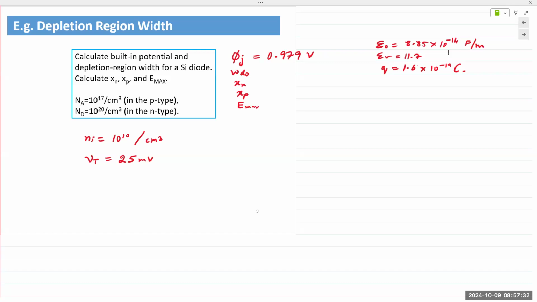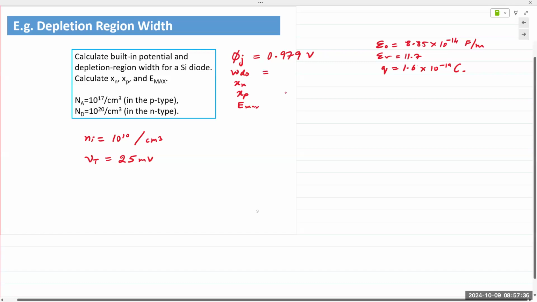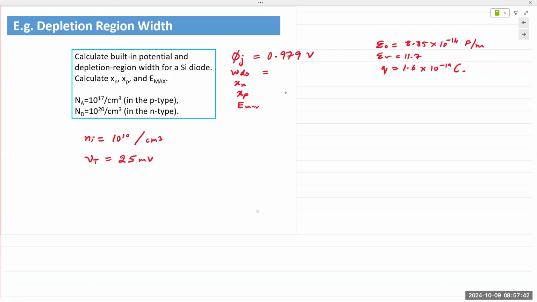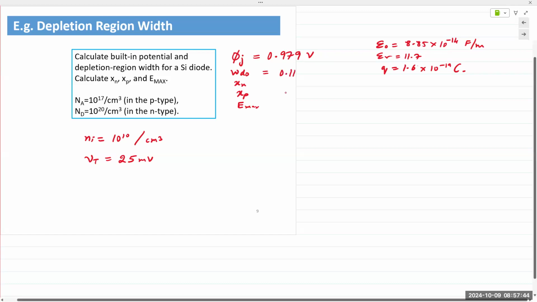Okay, now the example is there in the book. Let me just write out the answers. So for WD0, the answer is 0.113 microns.